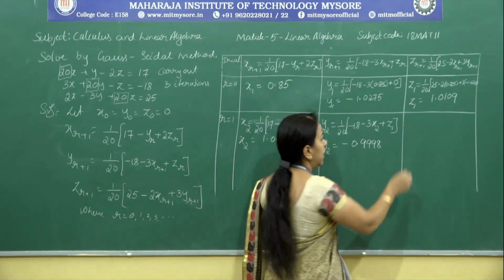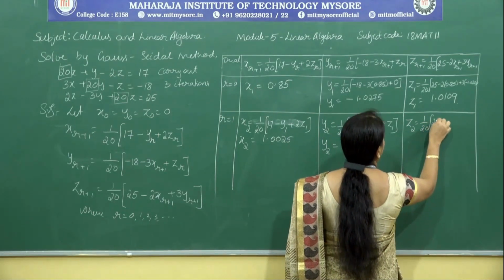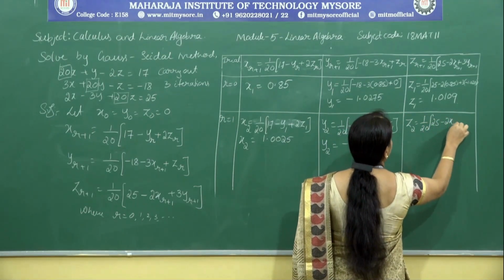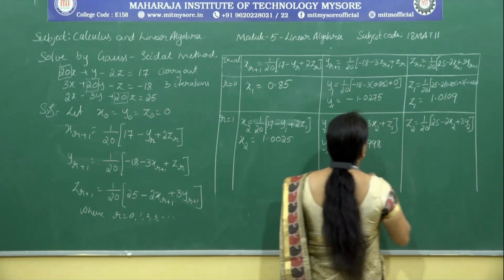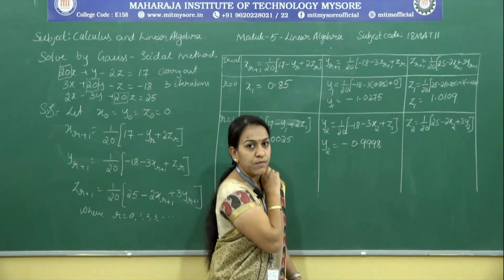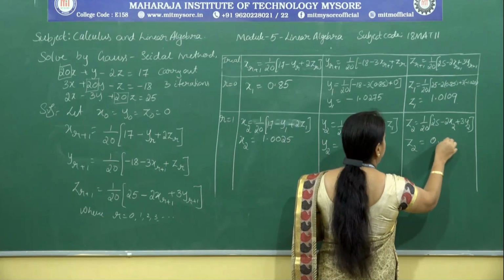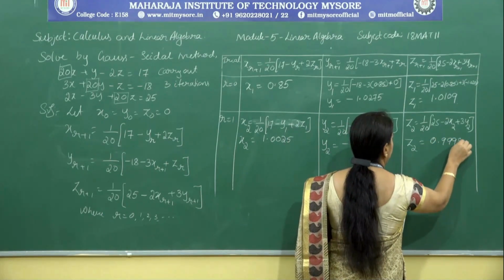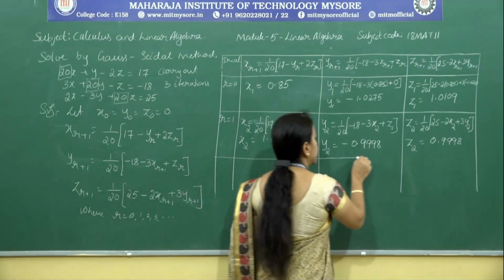Similarly, z2 is 1 by 20 into 25 minus 2 times x2 plus 3 times y2. You know y2 and you know x2. Substitute those values, so that your z2 will be 0.9998. Right, so that completes our second trial.